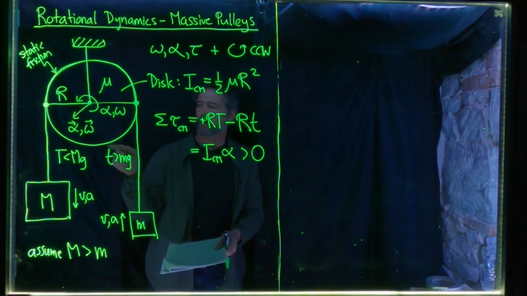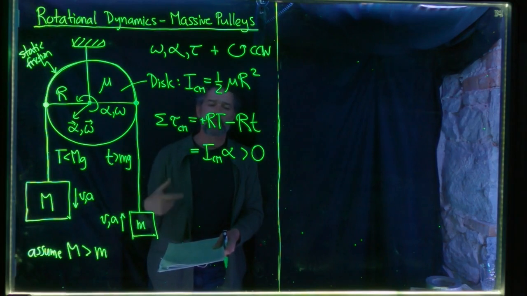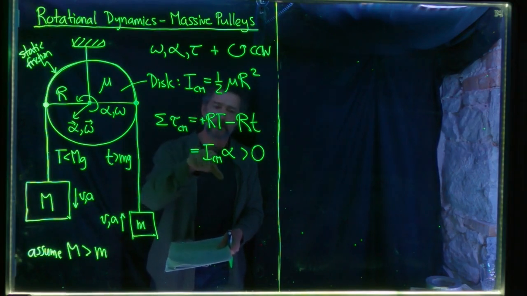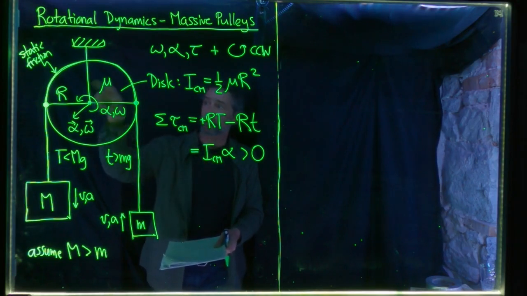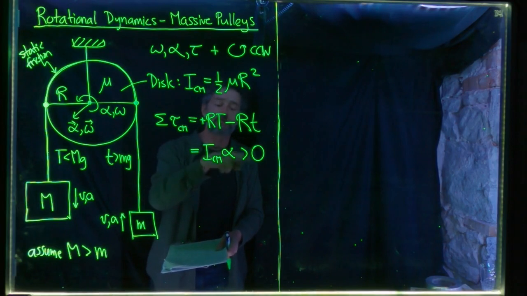That's why we assign equal tension to both left and right hand side previously. Okay, but now when we consider a moment of inertia that's not zero, this is not zero, and of course we want the angular acceleration to be not zero, it's spinning faster and faster and faster, then this is no longer zero, in fact it's positive.